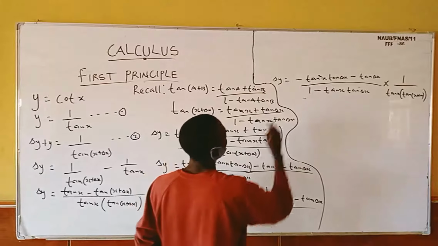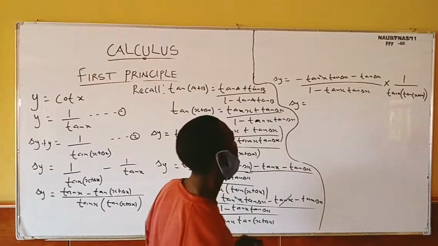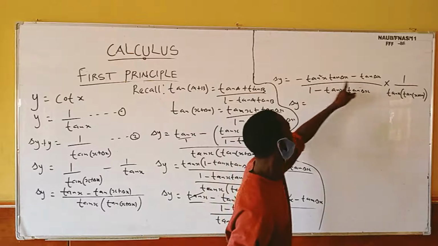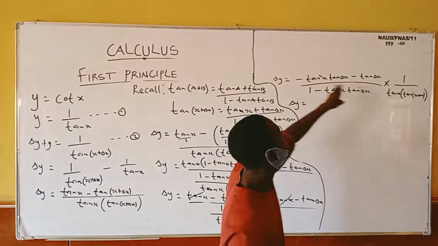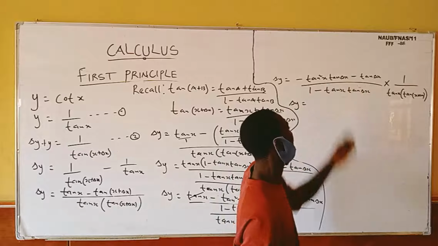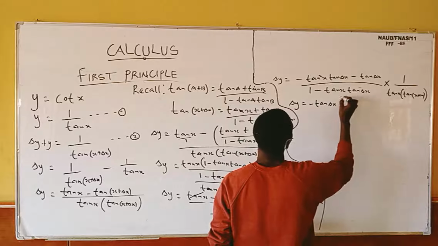So now change in y will be equal to, the next thing, if you look at this, something is common. Tan change in s is common. I'll factor it out. So minus, I'll factor out minus tan change in s, into what?